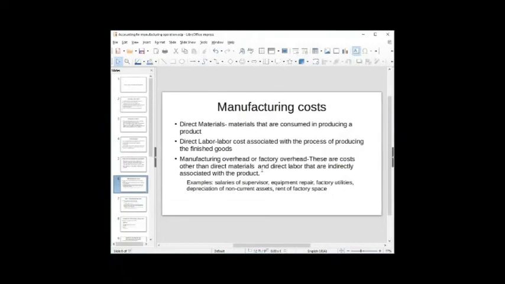The salaries of the supervisor, the repair of the equipment used in the production, the factory utilities like electricity and water, the depreciation of the non-current assets, or even the rental of the factory space. Those are examples of manufacturing overhead that is included in the costing of the products.